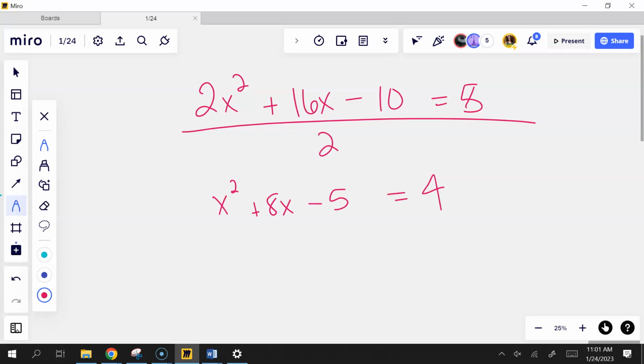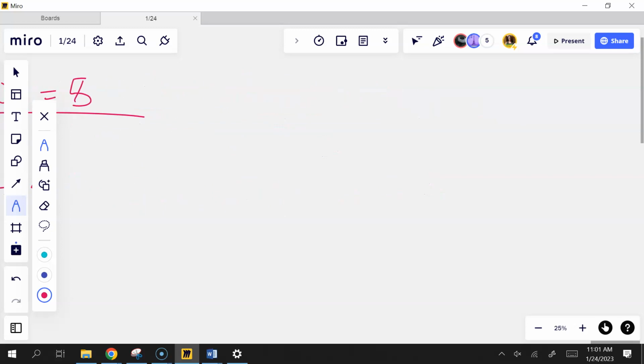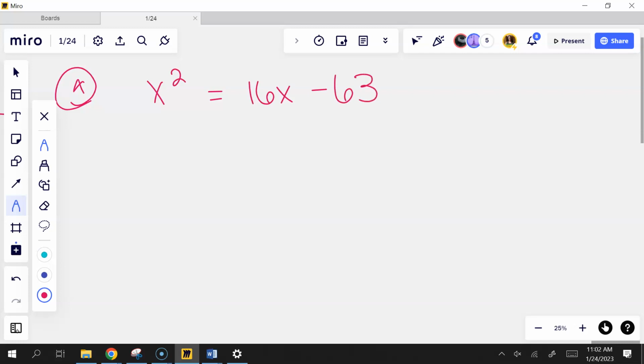All right, let's do an example. This is number 4 on your work, and I'm showing you this because this one's formatted a little bit differently than the others.